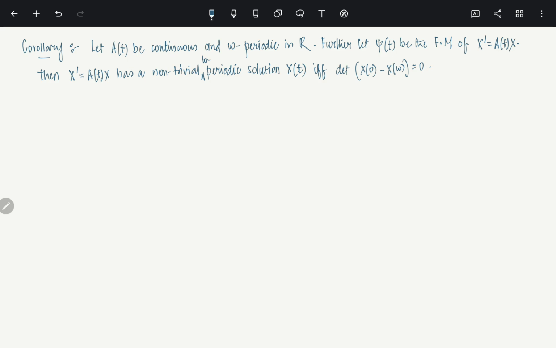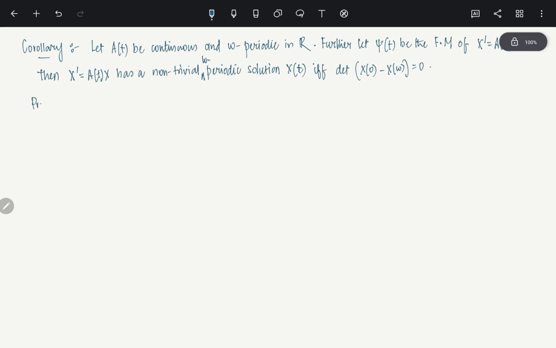Of course, 0 is always a solution of this homogeneous equation, but you can also have a non-trivial solution, and the solution will be periodic if and only if the determinant of the fundamental solution evaluated at 0 minus that evaluated at w is 0. Now this looks a little complicated, but the proof is extremely easy.